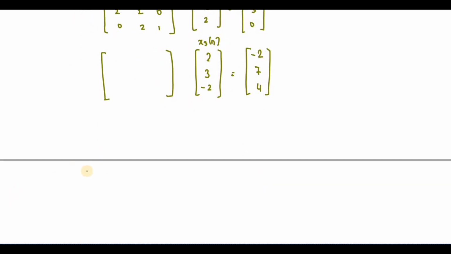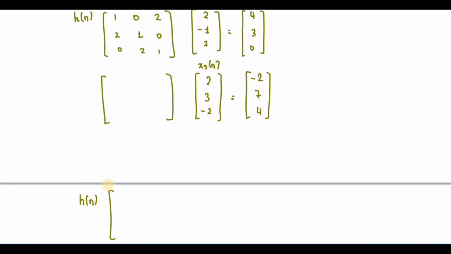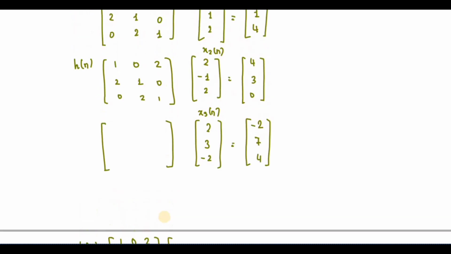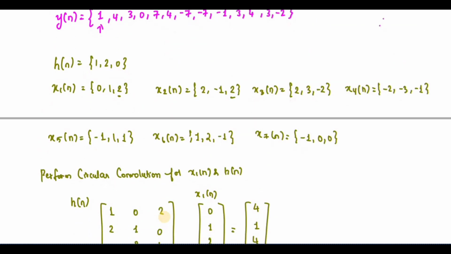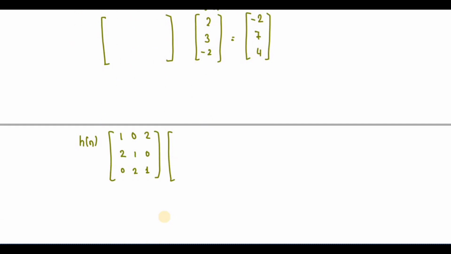Okay. Next you have to multiply. So this is your h of n. h of n is nothing but 1 0 2, 2 1 0, 0 2 1, right? And what about x4 of n? x4 of n is minus 2, minus 3, minus 1.